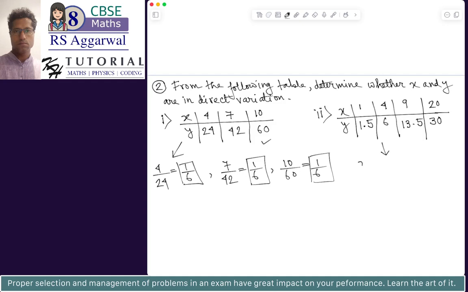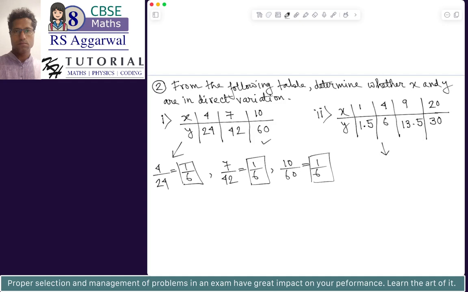Now, just for the sake of fun, for this problem part 2, we are considering the ratio y by x.